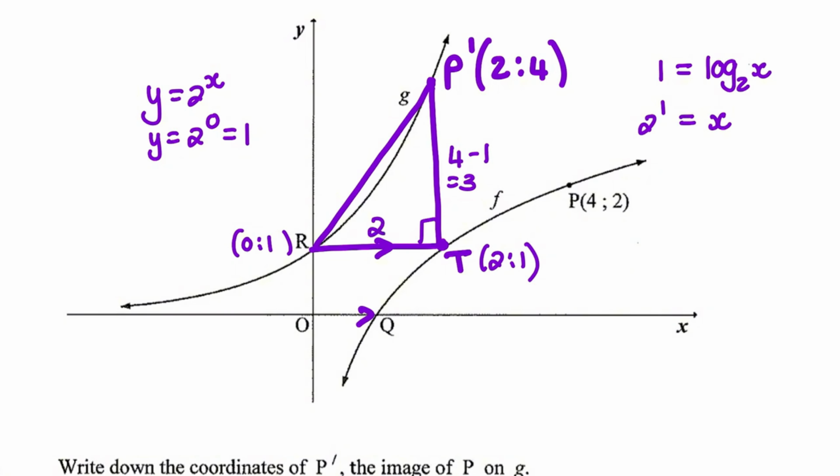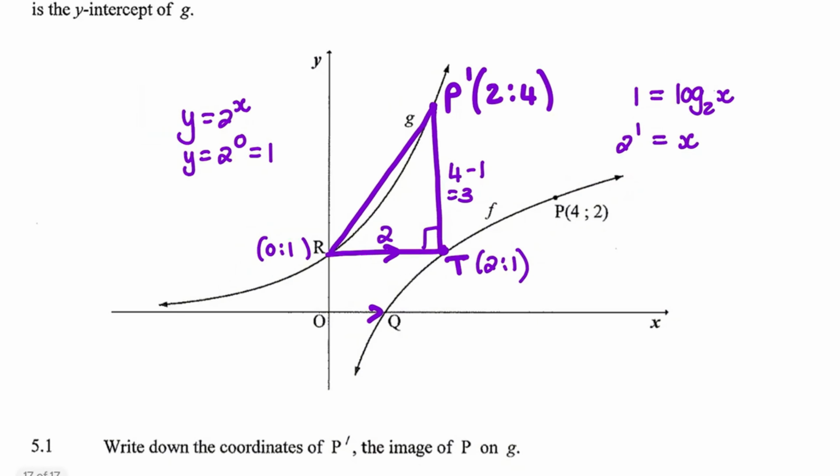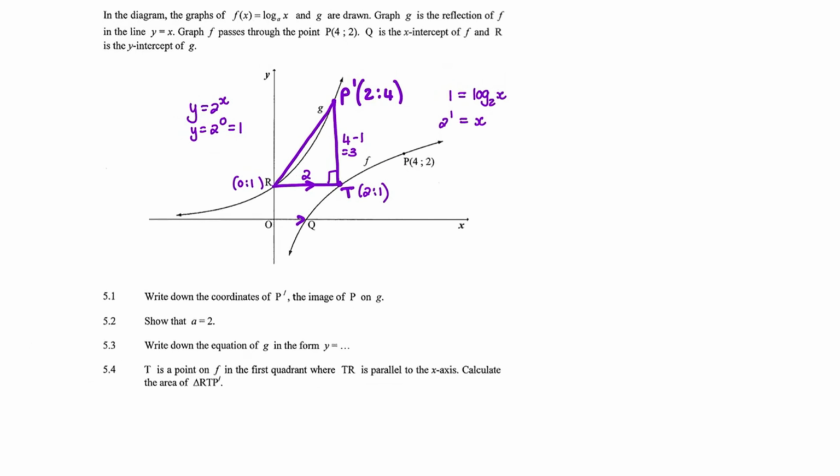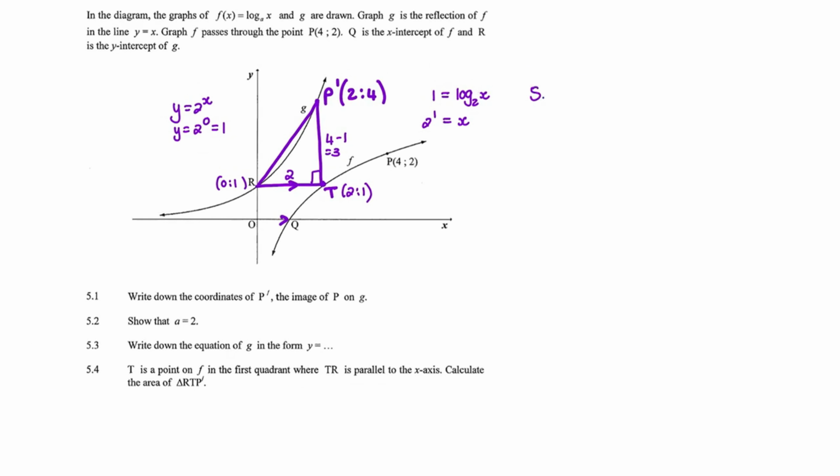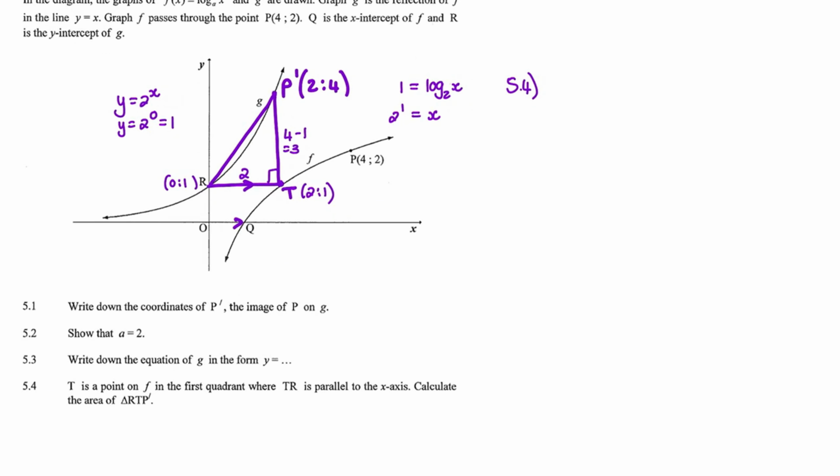Now, let us show all of these calculations for 5.4. So for 5.4, I would say R is (0, 1). Then to find T, what we did is we said y is equal to log 2x, and we made y equal to 1. So therefore, x was equal to 2.